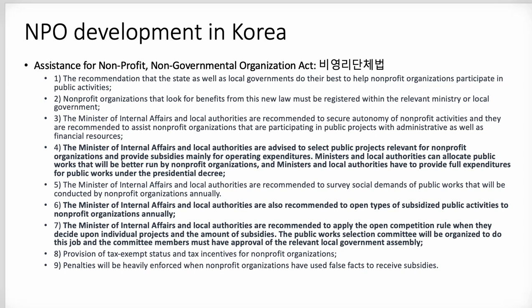This includes governments selecting projects and providing subsidies, opening types of subsidized public activities to nonprofits annually, and applying open competitions when they decide on individual projects for subsidies. We will discuss this further today.